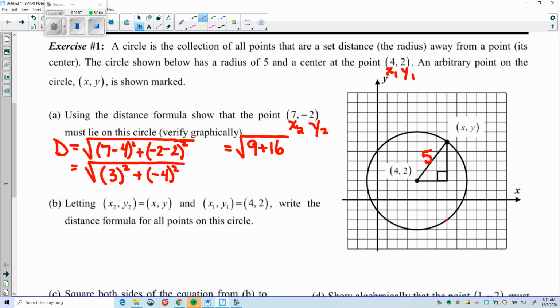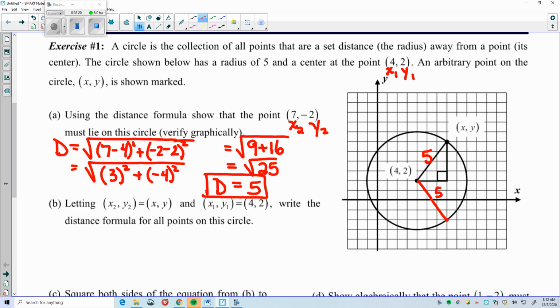Remember, any negative number squared is always positive. If we add that up, we get the square root of 25, and the square root of 25 is 5. So now think about what we just found. We found the distance from the center point to this point over here has a distance of 5. So I know that that must be correct because they told us up above the radius was a distance of 5.